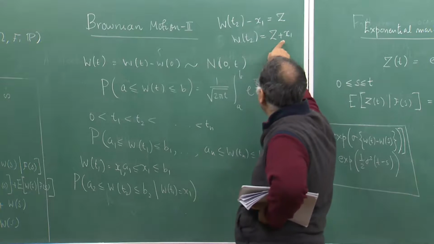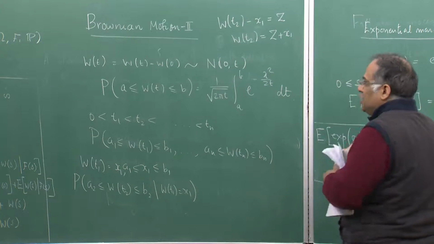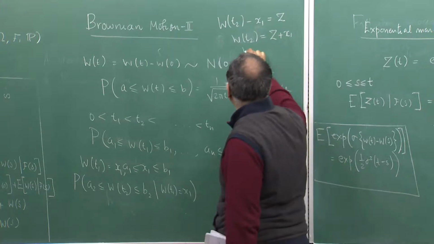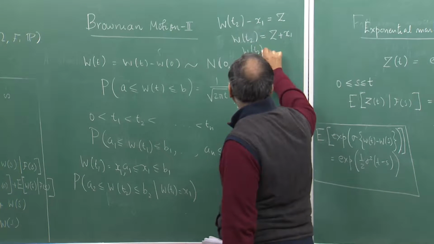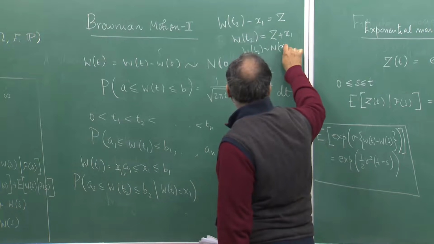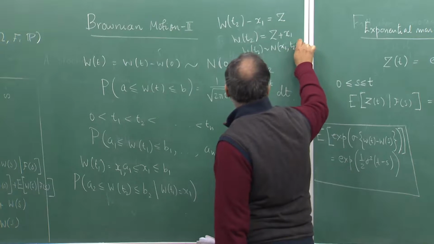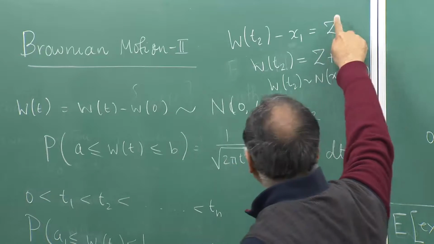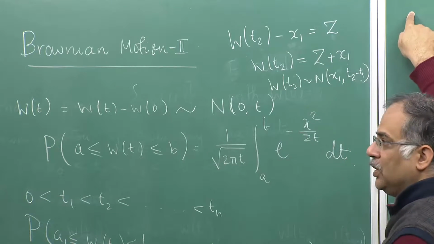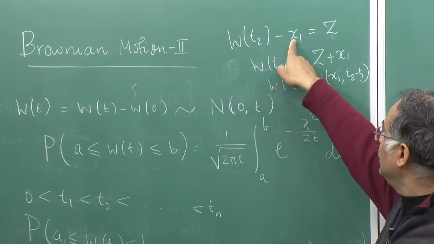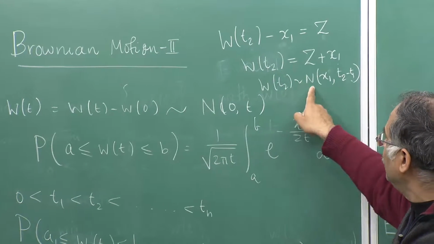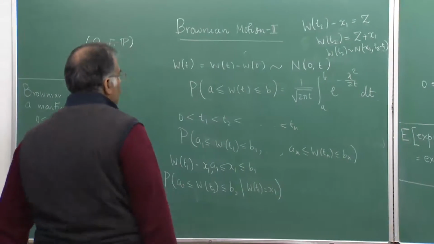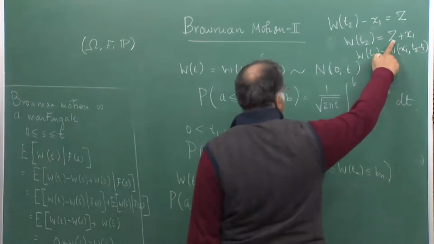So under this given information, wt2 follows normal with mean x1, because this is at time t1, so this z follows normal 0 with variance t2 minus t1. So wt2 is nothing but x1 plus z, because this expectation is 0.